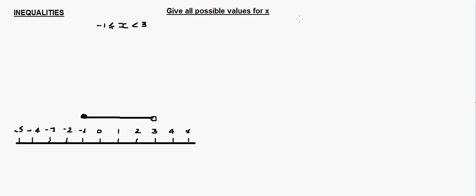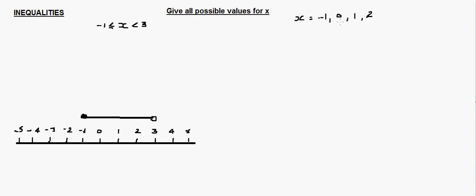So here we can say, well, x could equal, now it could equal -1, it could equal 0, it could equal 1, it could equal 2, but it can't equal 3 because it's less than 3, not less than or equal to.